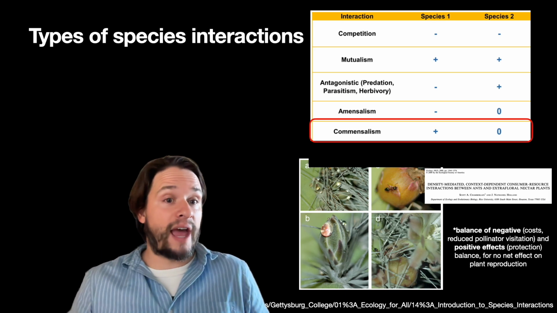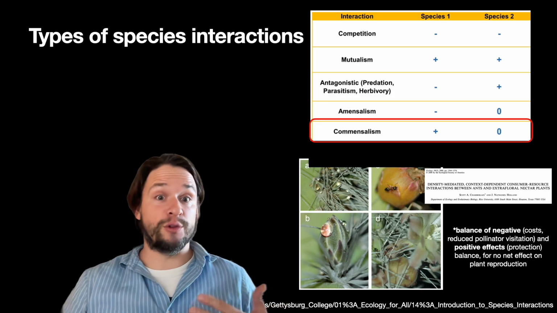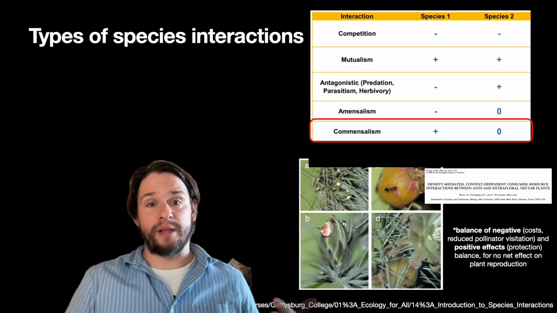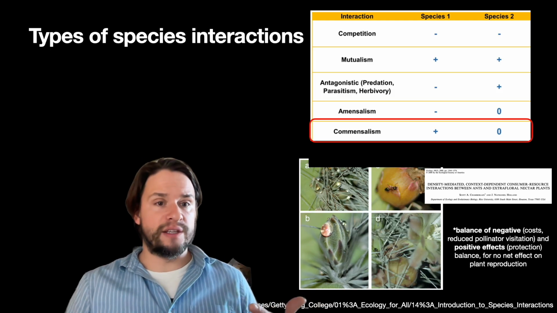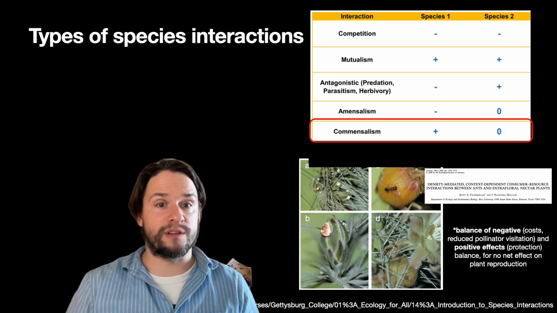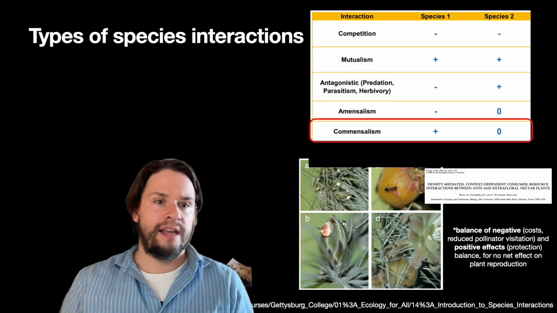You might think that that would be a mutualism, but it turns out when some researchers looked closely, there are some positive benefits to the plant. So the plant does get some protection from housing these ants and encouraging their density on the cactus, but there are also some negative effects of having these ants around.